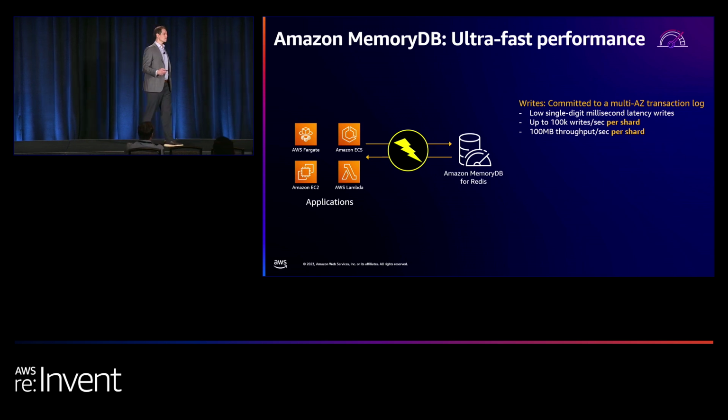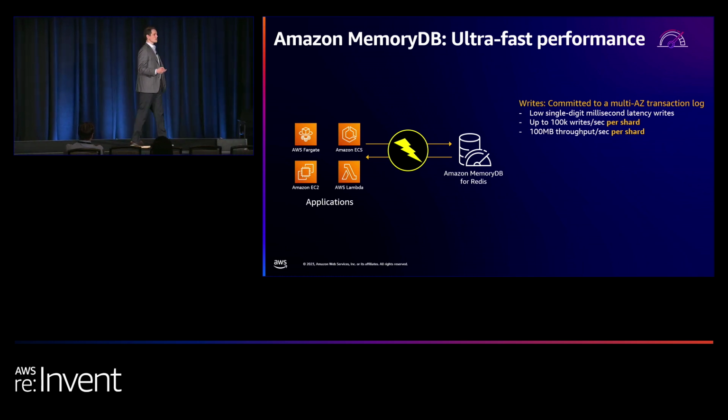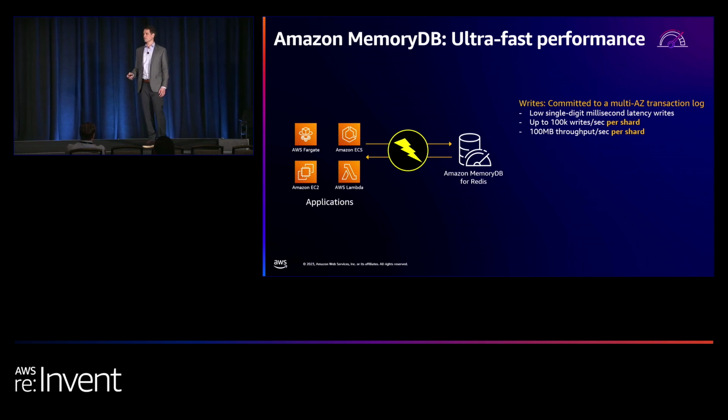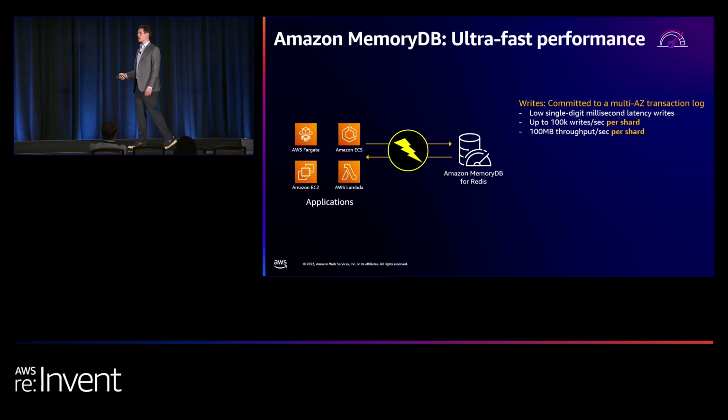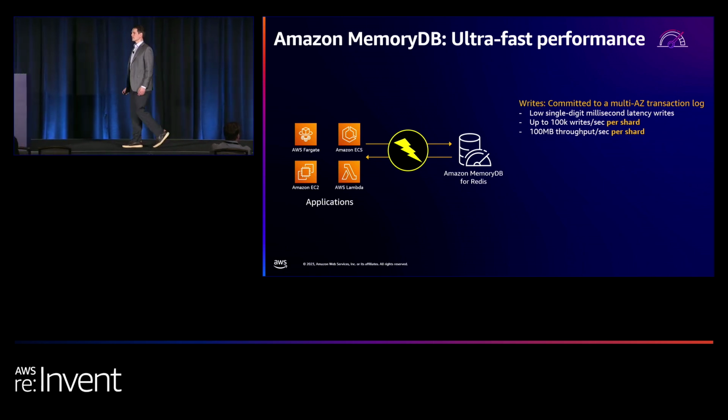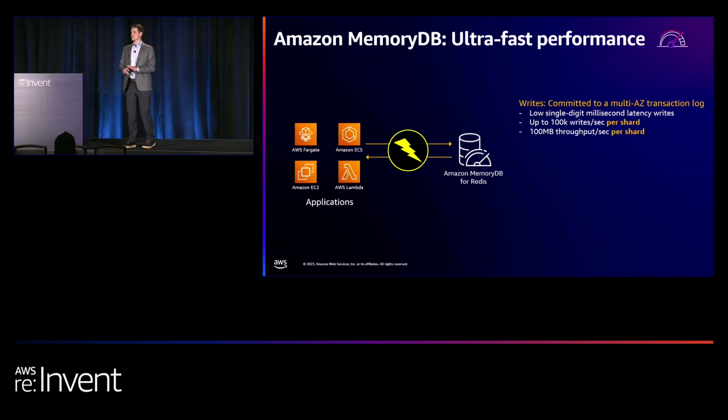You can power up to 100,000 writes per second and 100 megabytes per second of write throughput, and MemoryDB can deliver that with low single-digit millisecond latency. And again, you're doing that persisting data. It's guaranteed to be redundantly stored across multiple availability zones, still with single-digit millisecond latency.